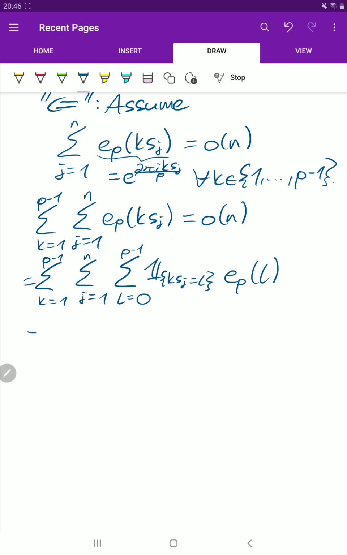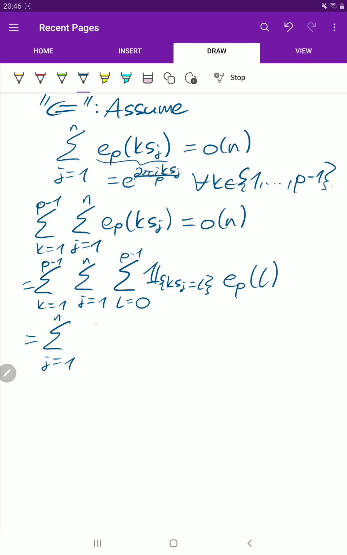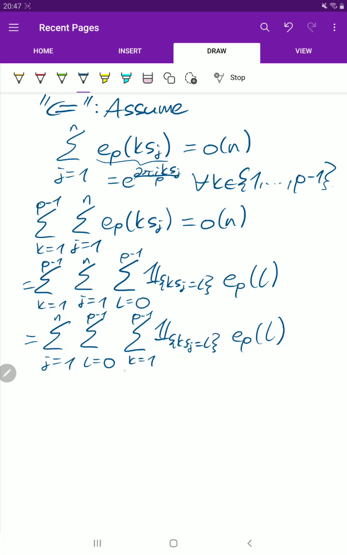Now let's switch the order of summation, and we do it in the following way: we sum the j's, we sum L, and now we sum the k with k times s_j equal to L, of e_p of L. Now let's analyze this expression. We have to be a bit careful.